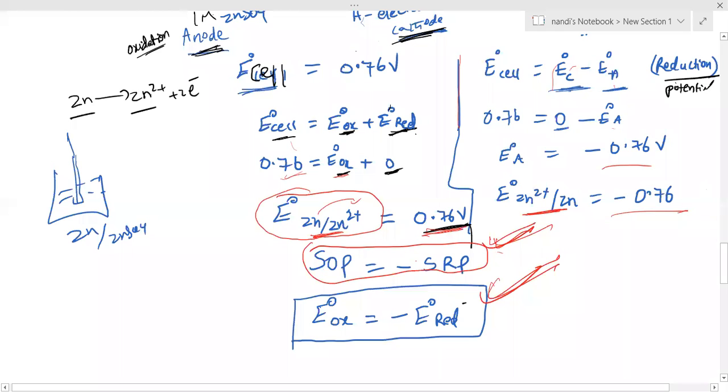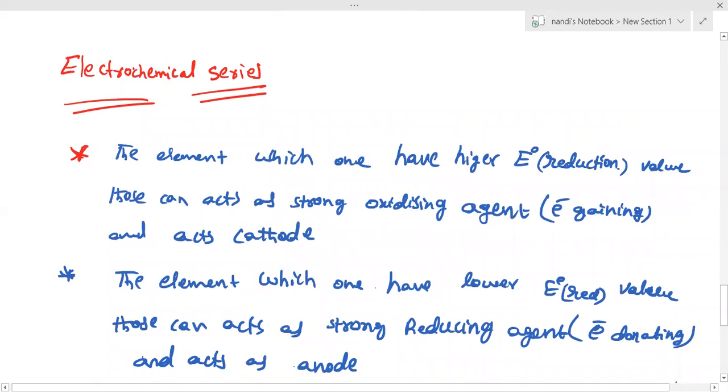Now electrochemical series, write it. Electrochemical series is the next heading. Please write it. Check whether they have given any definition.